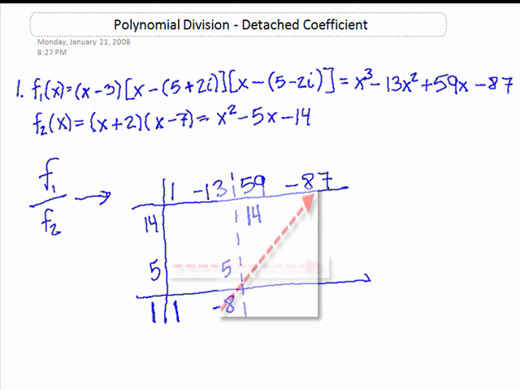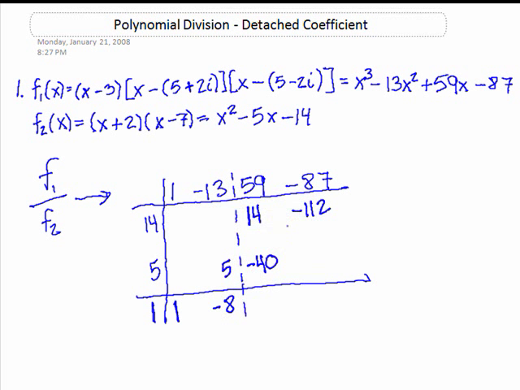We're going to take a diagonal up to the right from the 8, and where it intersects the horizontal with the terms of the divisor, we're going to have a multiplication. So 5 times negative 8 is negative 40, and then 8 times negative 14 is negative 112. And that goes right up here at the intersection of that diagonal and the horizontal.